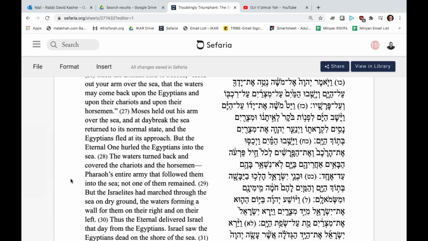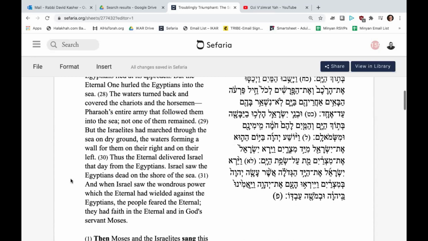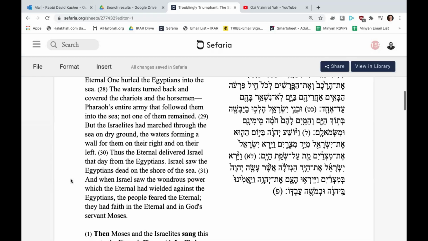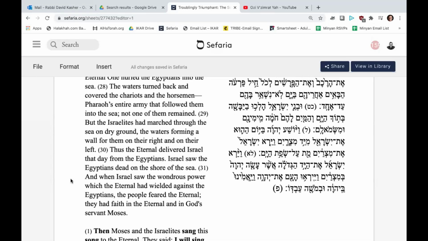They all died. But the Israelites had marched through the sea on dry ground, and the waters forming a wall for them on the right and on their left. Thus the Eternal delivered Israel that day from the Egyptians. Israel saw the Egyptians dead on the shore of the sea. And when Israel saw the wondrous power which the Eternal had wielded against the Egyptians, the people feared the Eternal. They had faith in the Eternal and in God's servant Moses.